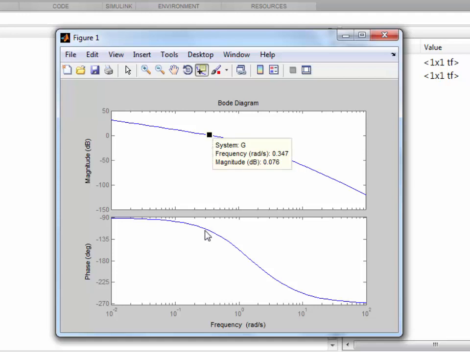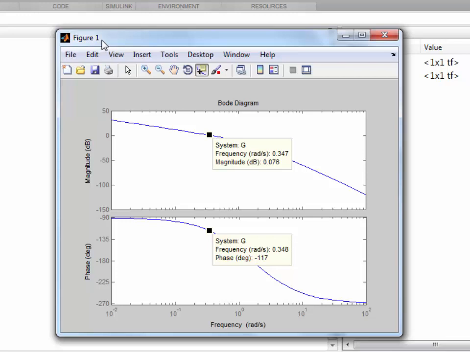And if we came down, we could try and find the corresponding phase at that frequency, so at a frequency of around 0.3. And we can get a sense of what the phase is and how close it is to minus 180 degrees. So it appears the phase margin is something in the neighborhood of 60 degrees or so, 63 degrees.